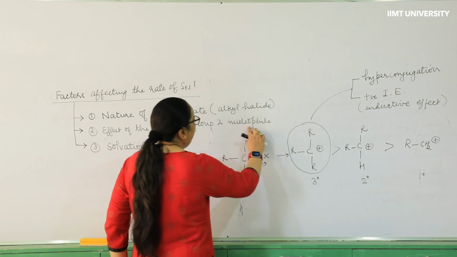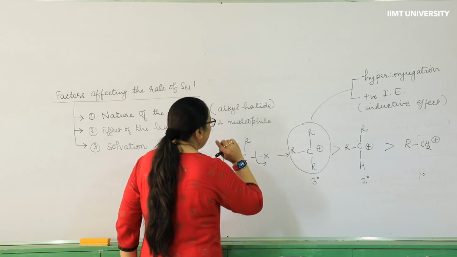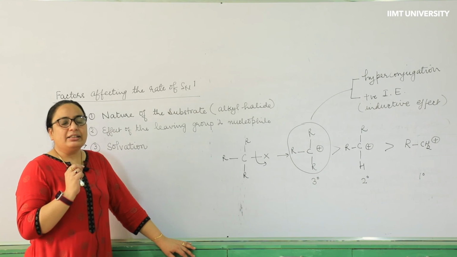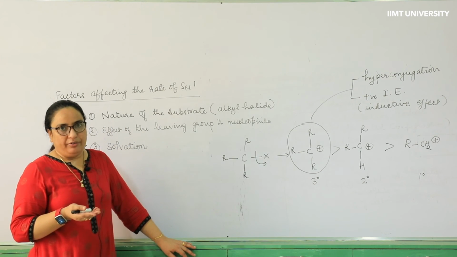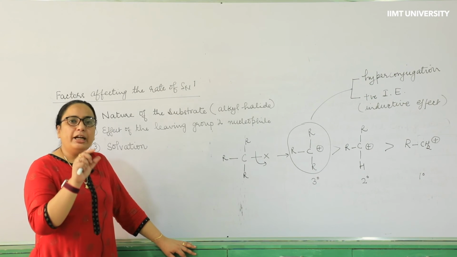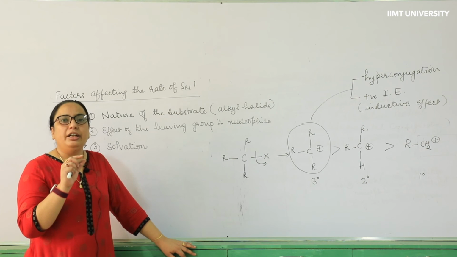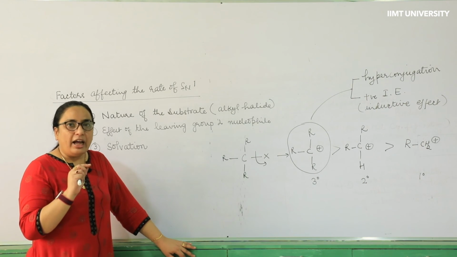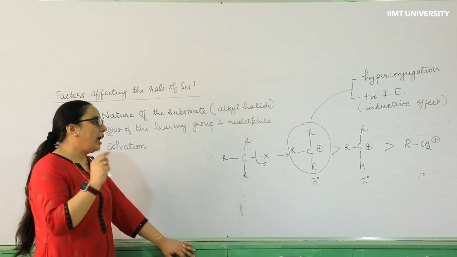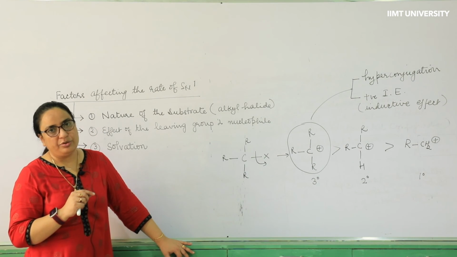Then comes the nucleophile. If the nucleophile has electrons to give, then it will be more interested to move towards that point where there is a need of electrons. That is why the nucleophiles which bear a negative charge tend to attack the carbon bearing the positive charge.